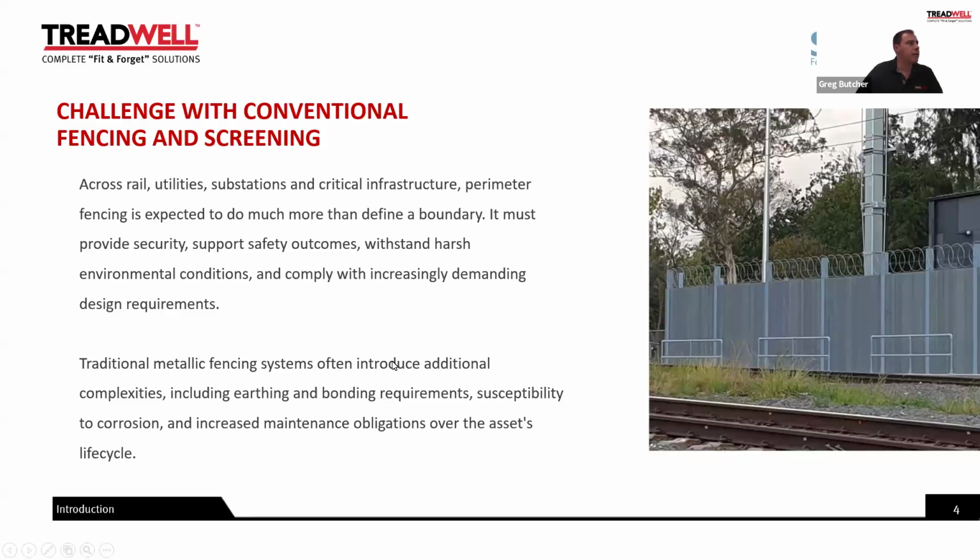But it's an alternative, in effect, to conventional metallic fencing systems, and it overcomes the complexities of dealing with corrosion and/or earthing and bonding or other electrical and conductivity requirements. So that's the benefit that the composite or FRP fiberglass reinforced plastic construction of the product brings.